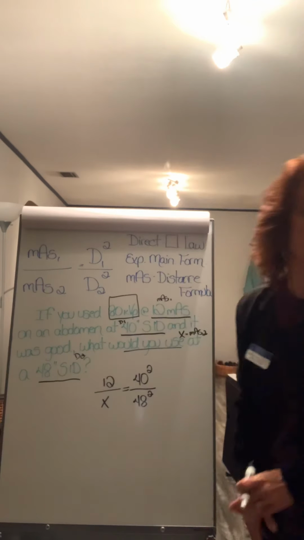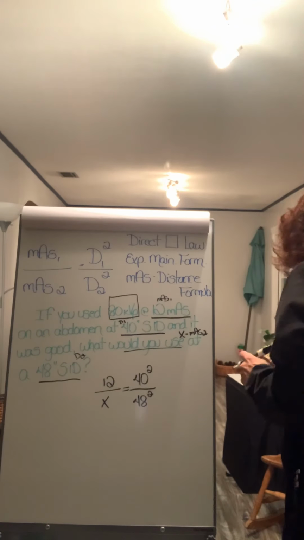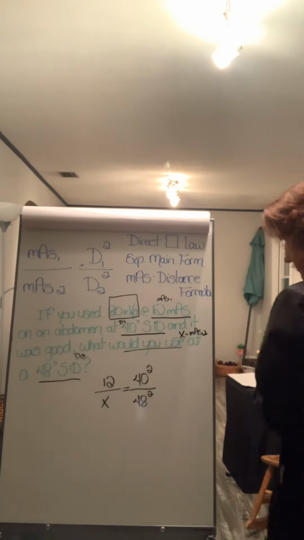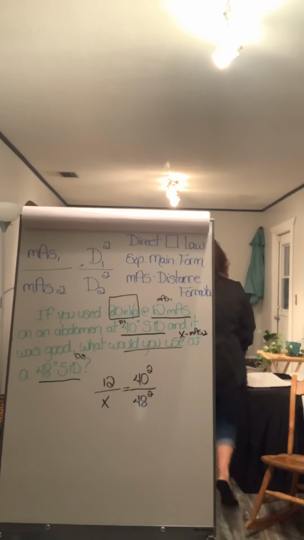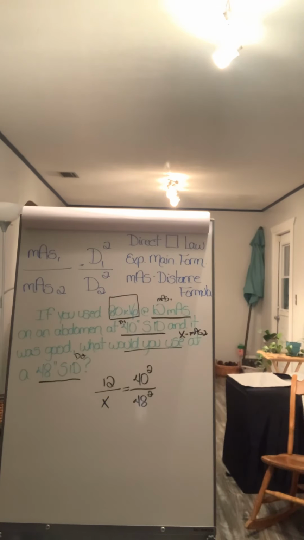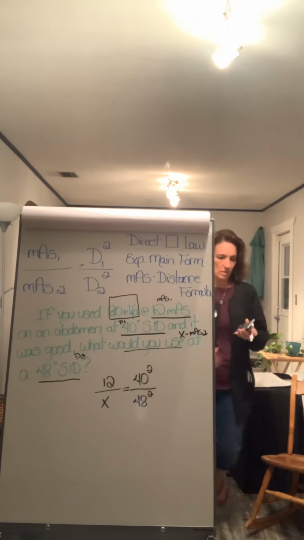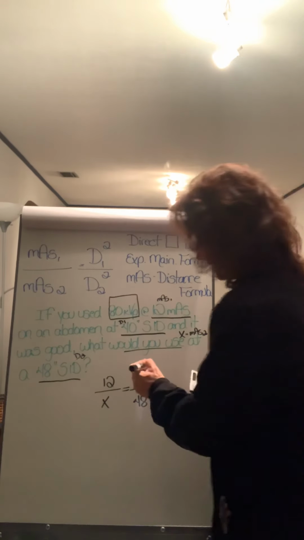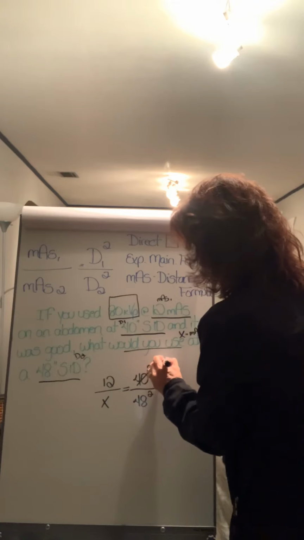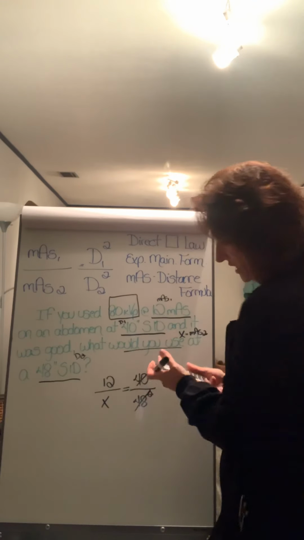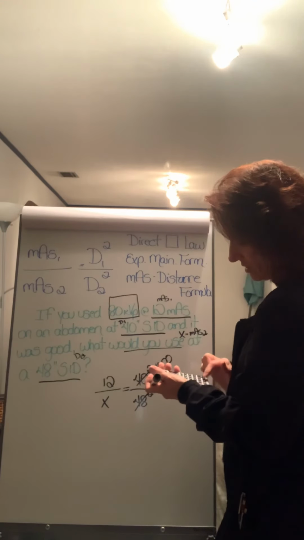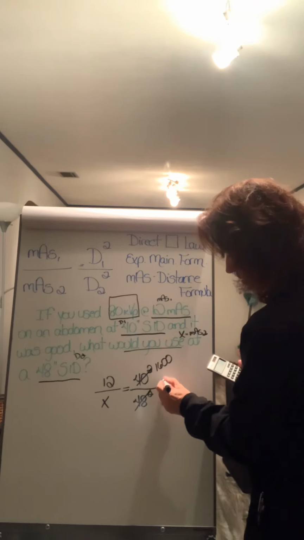If I had my calculator, 40 squared is 1600, and 48 squared is 2304.